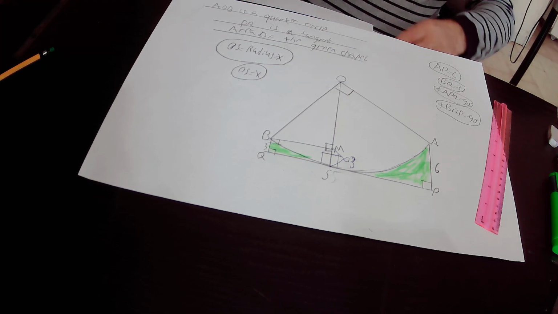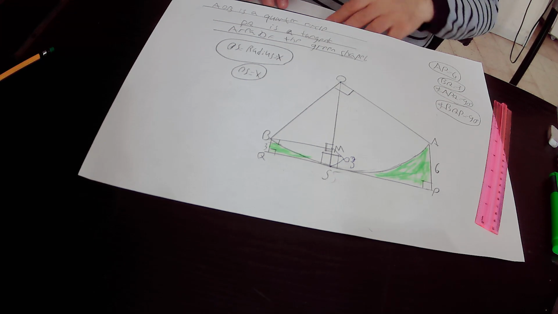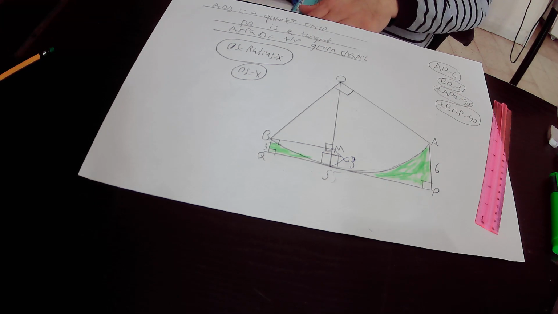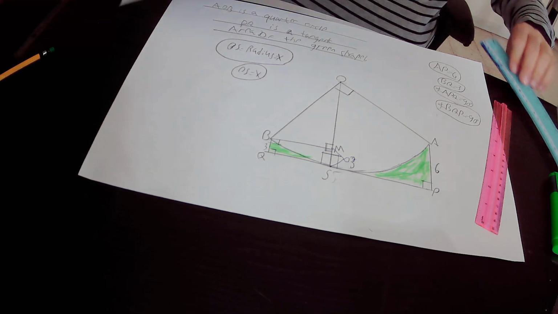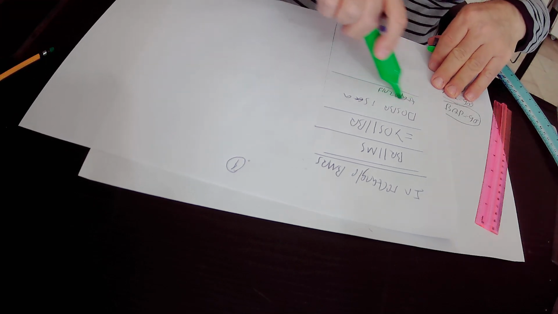Why? Because the definition of a trapezoid is a quadrilateral with one pair of parallel sides. So quadrilateral OBQS is a trapezoid.